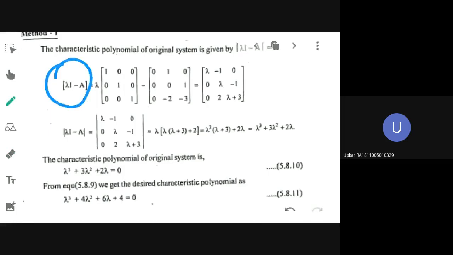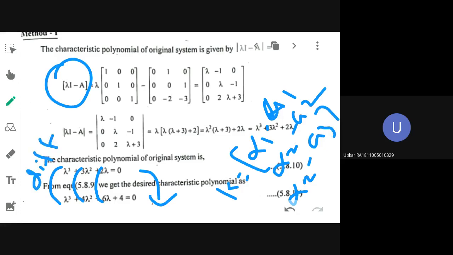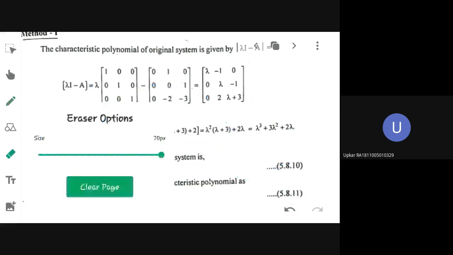You are going to compare these two equations, find the coefficients, and take the difference, because K is equal to alpha 1 minus a1, alpha 2 minus a2, alpha 3 minus a3. Take the subtracted elements and substitute them here. That is the K matrix. For that purpose only you are doing all these things.